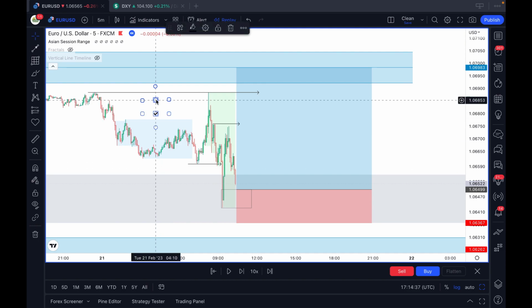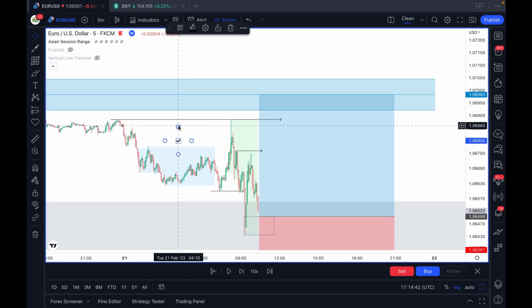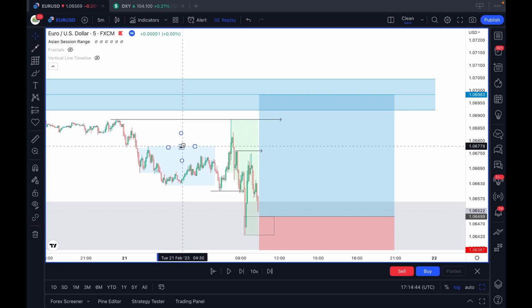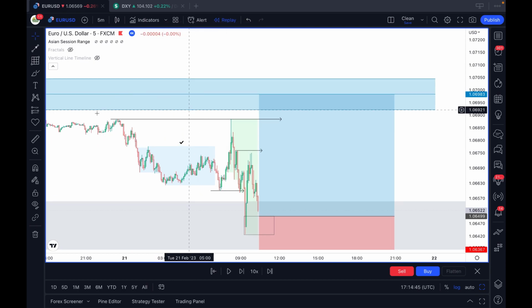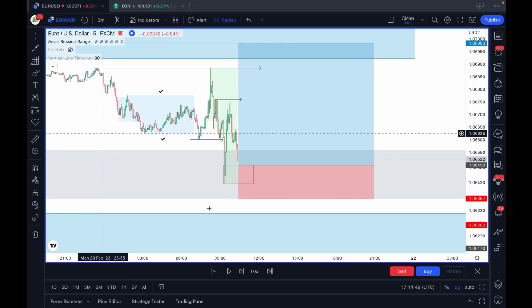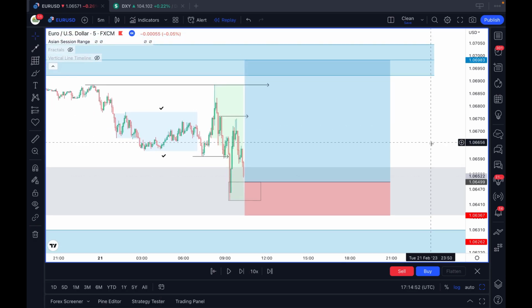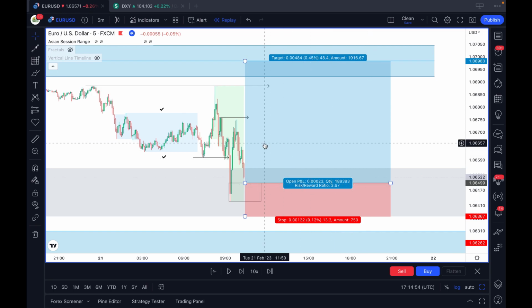Asia high taken, and then Asia low basically taken. Very simple premise. Once I saw that, I was expecting to see a retest.